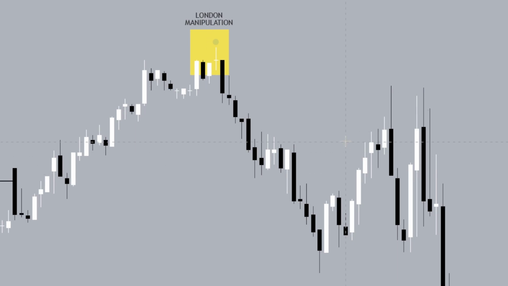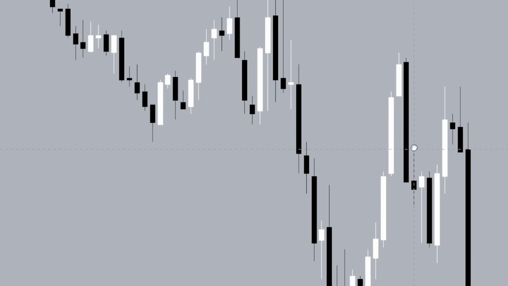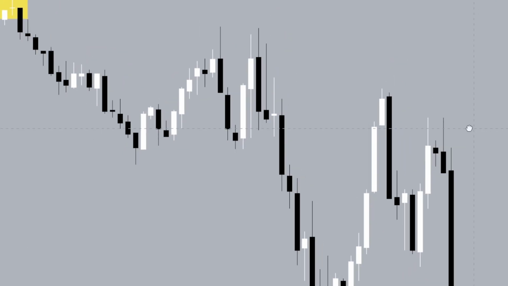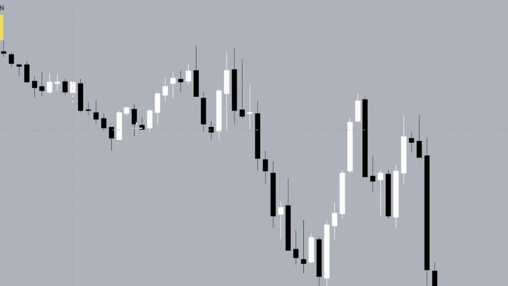So now that we've done that, we want to wait for New York session. When it comes to the indices, New York session has a very, very specific time window. In terms of Eastern Standard Time, that time window is 9:30 to 11:30 a.m. Eastern Standard Time.